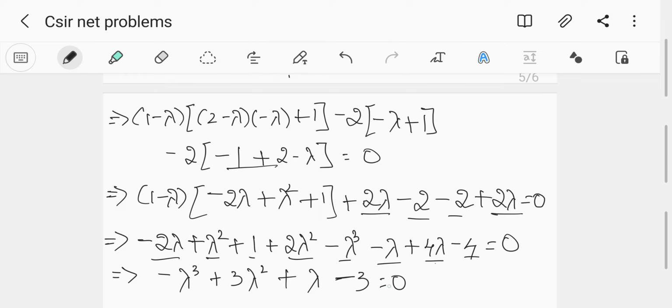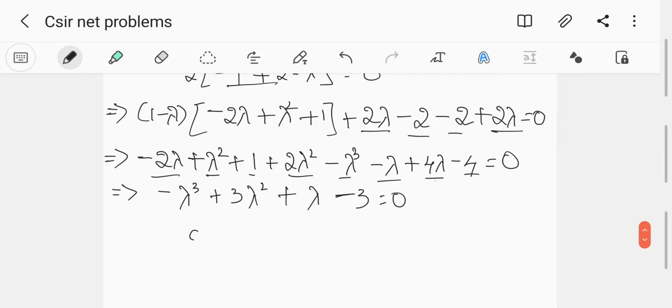This is the characteristic equation, or the characteristic polynomial, which we have got. Now solve this characteristic equation to know the values of lambda.